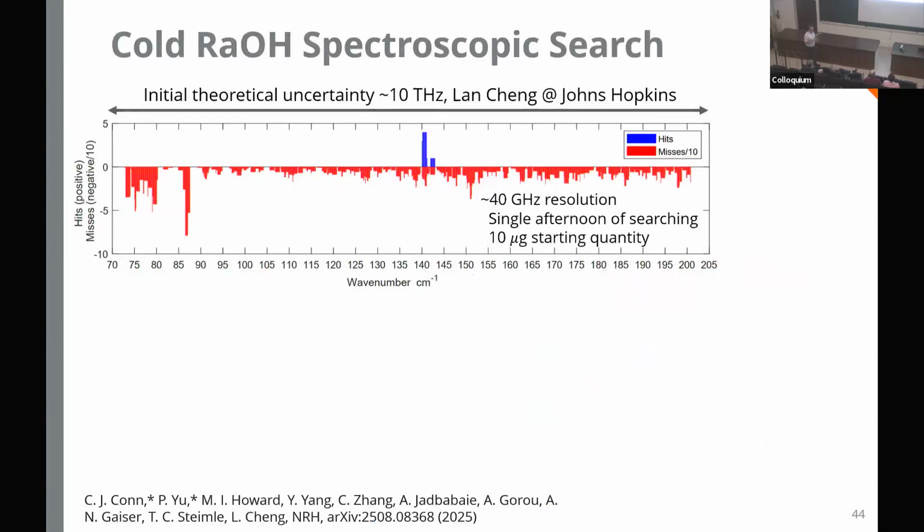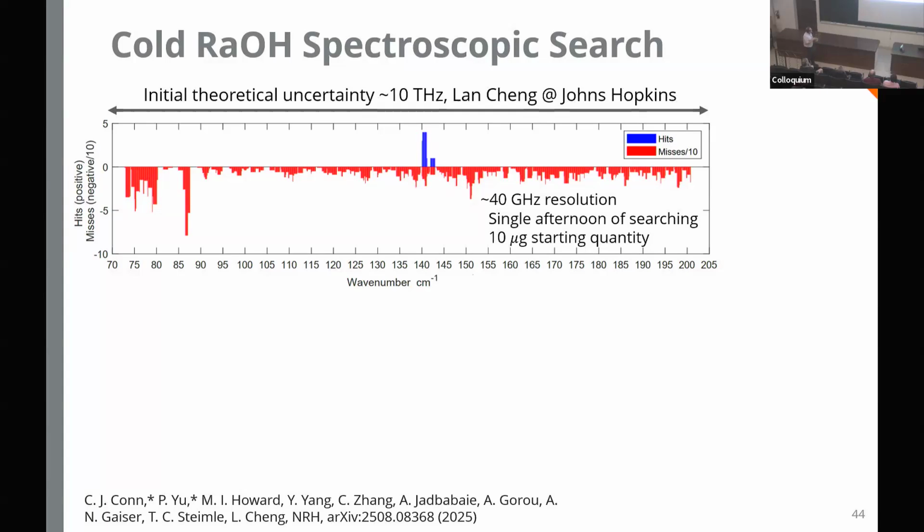Another downside of these really heavy species is the theory is very hard. Using even state-of-the-art relativistic ab initio methods, our collaborator Lan Cheng at Johns Hopkins was only able to tell us the wavelength, or the frequency, of the electronic transition we wanted to excite and study in radium OH to about 10 terahertz, which is very large compared to the resolution of our instrument.